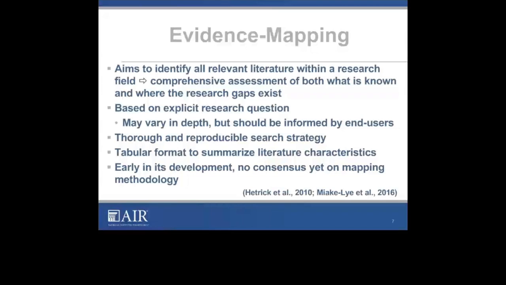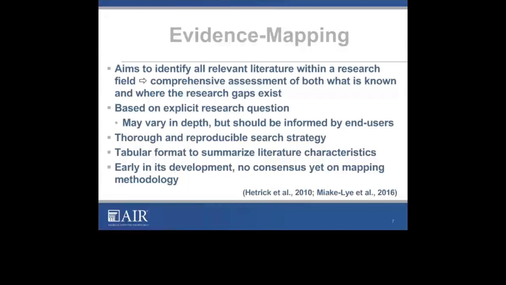The research question for the evidence map is more explicit. It may vary in depth. Ideally, it should be informed by end users, meaning those consumers who would benefit from the concepts, interventions, or treatments under investigation here.